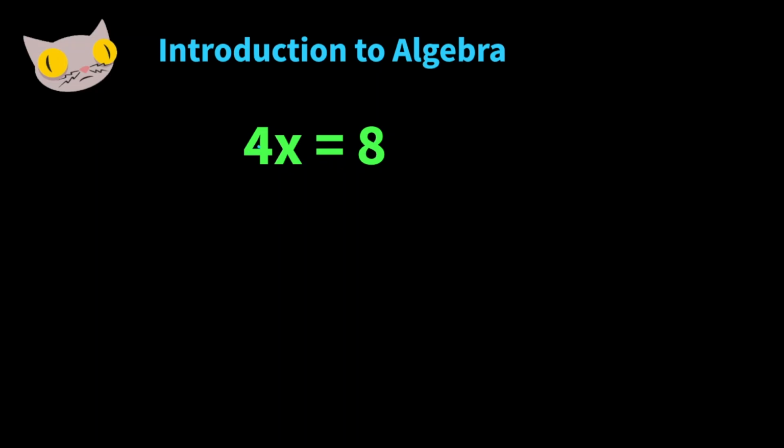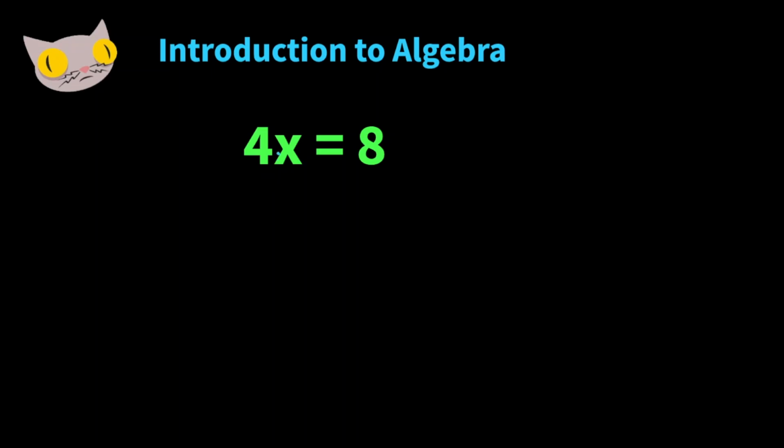We know that 4 is being multiplied by x. Now you might look at this problem and right away know that x is 2, because 4 times 2 is 8. But let's do this step by step. So just like before, we need to balance this out.